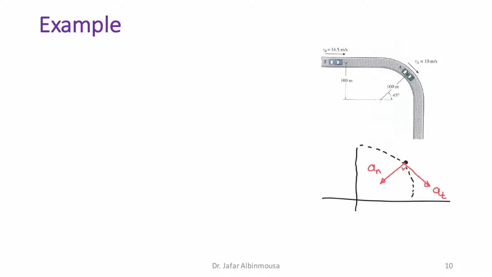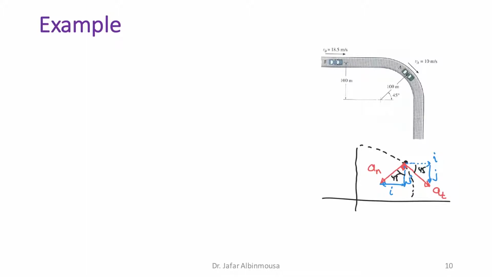Both of these components are perpendicular to each other, and they have x and y components, or i and j, as follows. This one will have an i component in this direction and a j component in this direction. This one will have an i component in this direction, a j component and an i. The angle here is 45 and the angle here is 45.